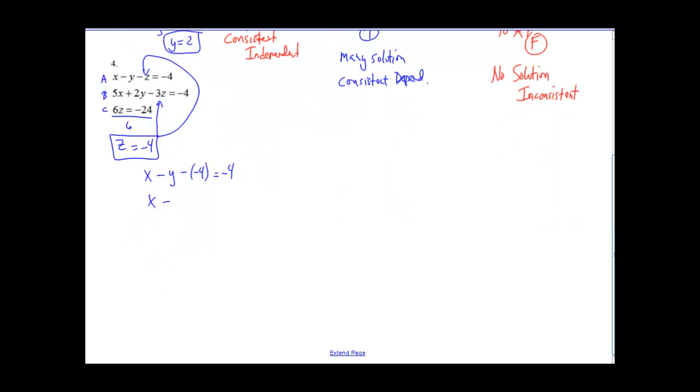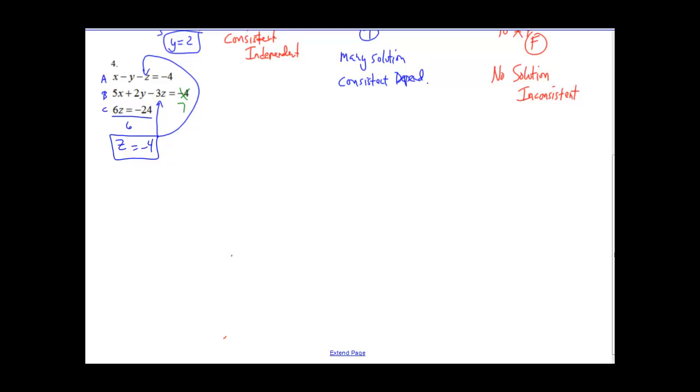We get x minus y plus 4 equals negative 4. x minus y equals, if we subtract that over, negative 8. So there's one equation. If we look at the middle one, the B equation, that needs to be equal to 7. I apologize. So that's 7.